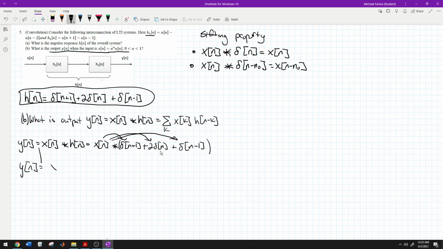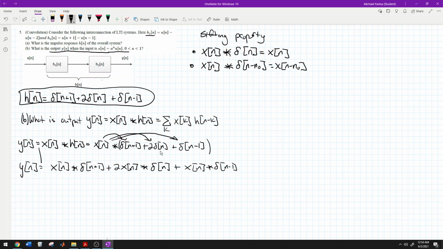So we're going to have x of n convolved with delta of n plus 1, plus 2 x of n convolved with delta of n, plus x of n convolved with delta n minus 1.